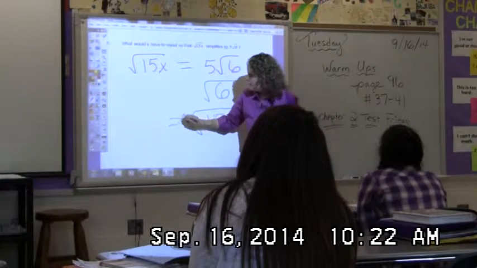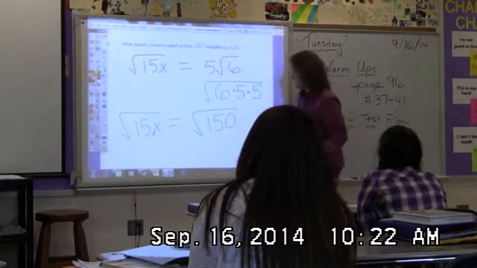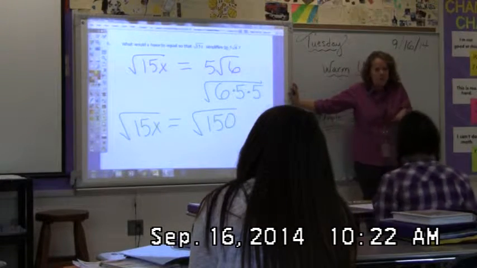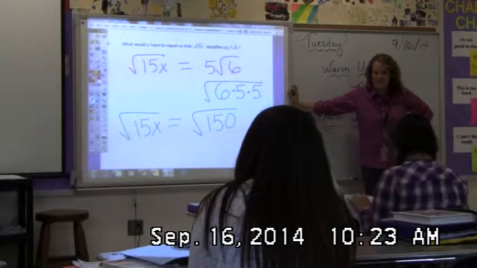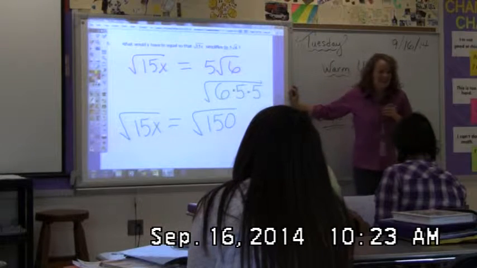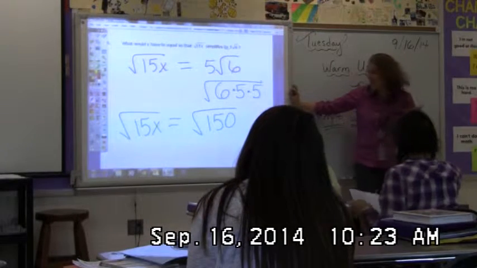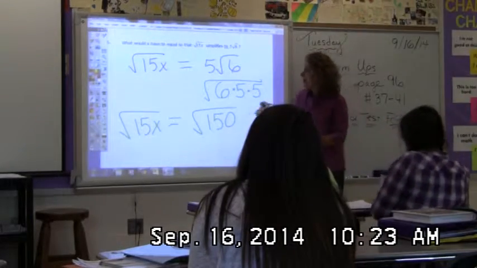So now how could I make this work? What could the x be? Bradley, what are you thinking? 10. It's 10, because 15 times 10 would make 150. That is awesome.